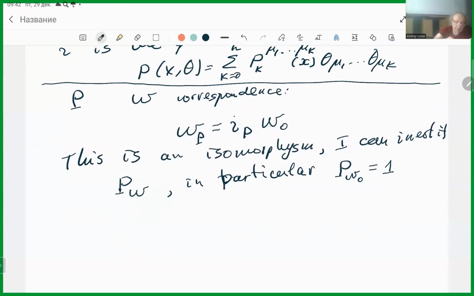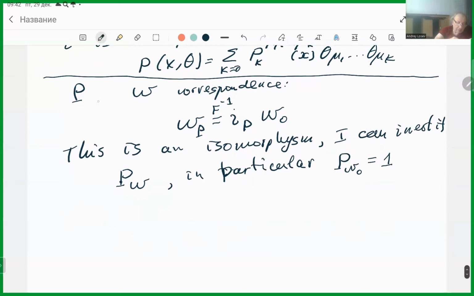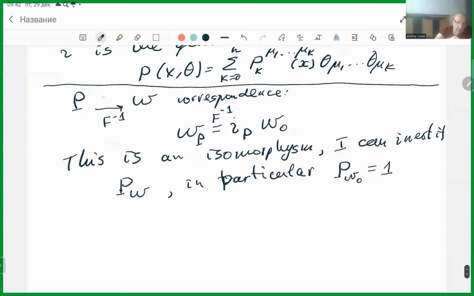So this I will call f minus 1. So f minus 1 takes P into omega. And there will be also the transformation f that is the inverse, from omega to P.